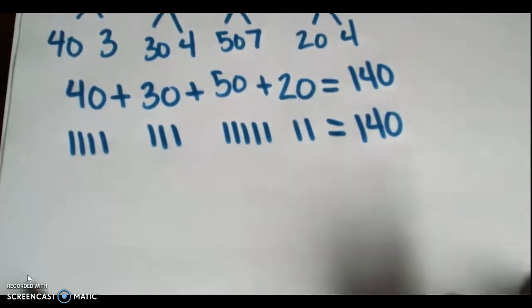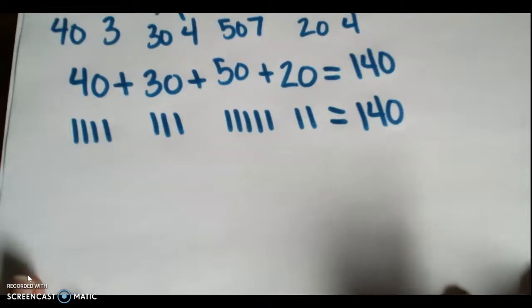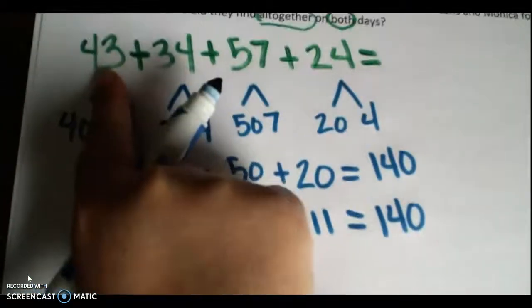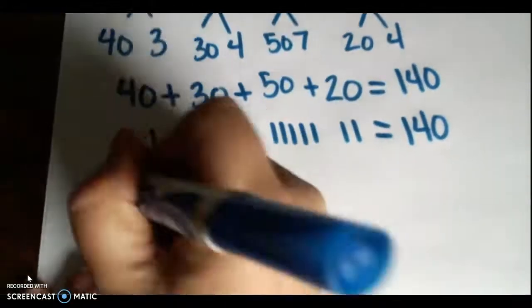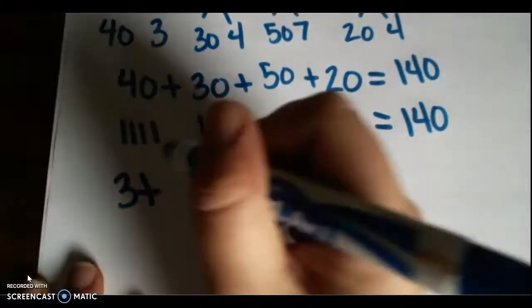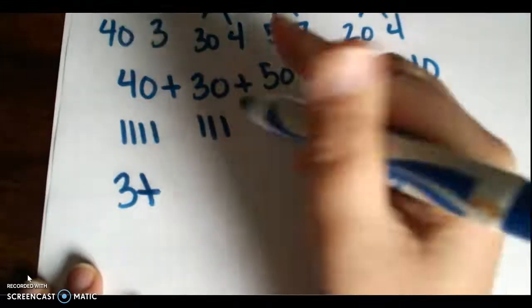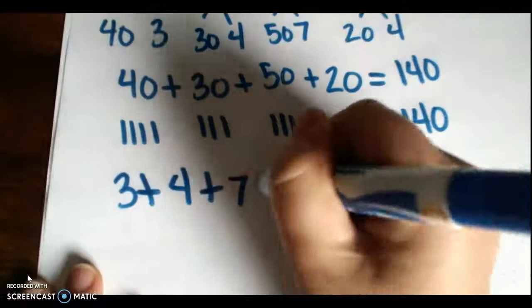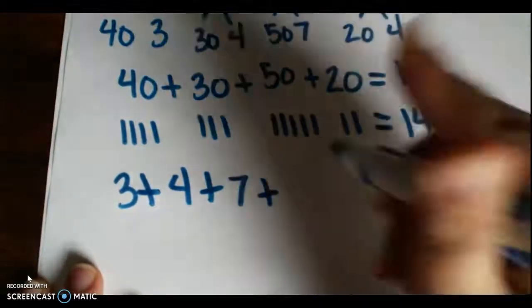The next thing I'm going to do is to add my ones. From the 43, I have 3 ones, 4 ones, plus 7 ones, plus 4 more.